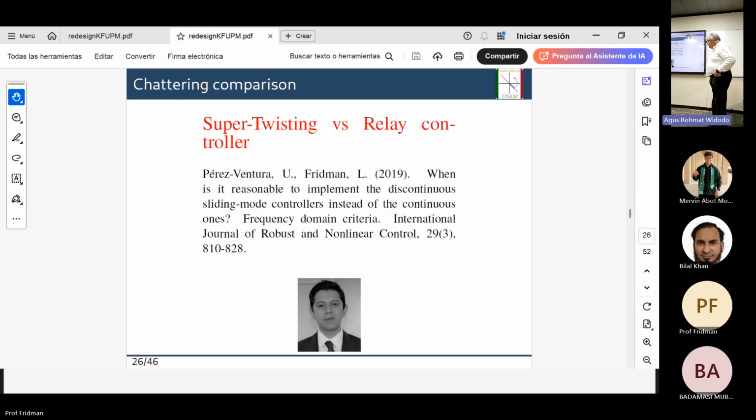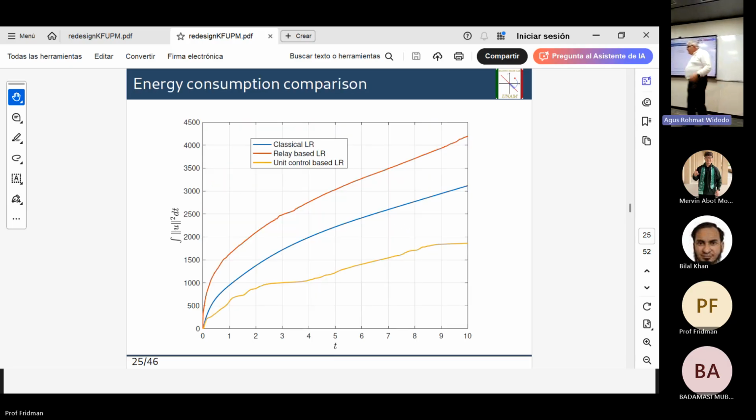So now I have to introduce the second story. Second story, what is modern sliding? Modern sliding mode control is a result of the fight with the chattering. So what we are doing, we are trying to substitute this discontinuous control with continuous. That's the main goal.